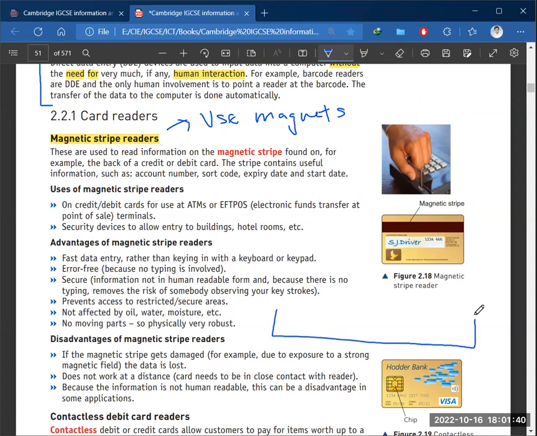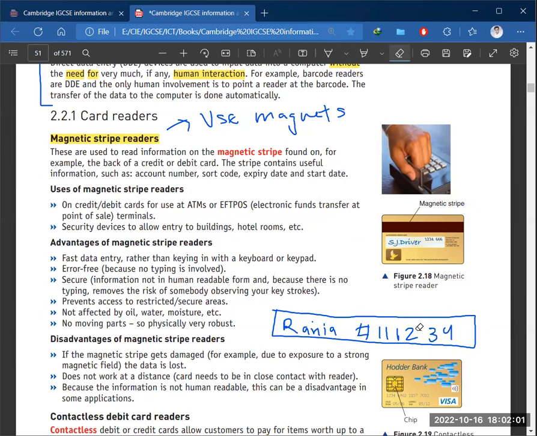Imagine you have this long strip, and with a magnet, I have stored some information on this. Let's say I have stored Rania's name and her account number, which is 11234.